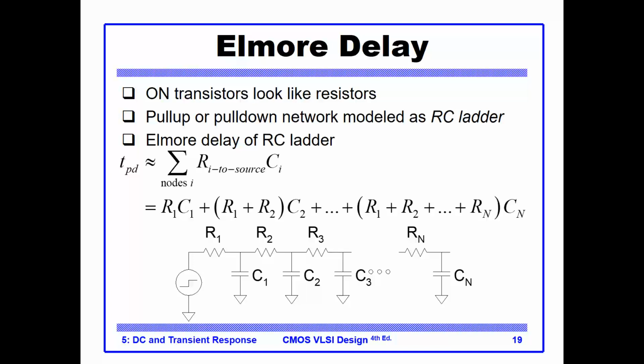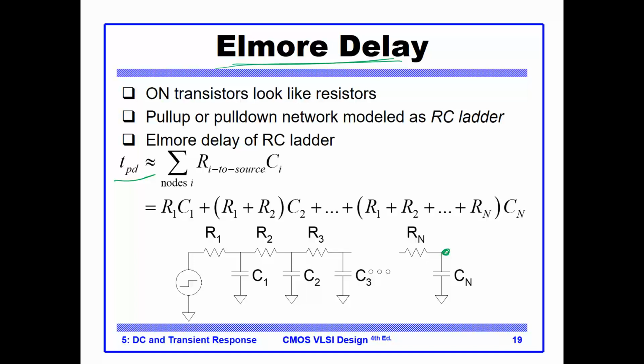Suppose you have a long series of RC, RC, RC connected as such. What's the effective delay of this RC network? To have a good estimation, somebody called Elmore provided for us a good delay estimation.